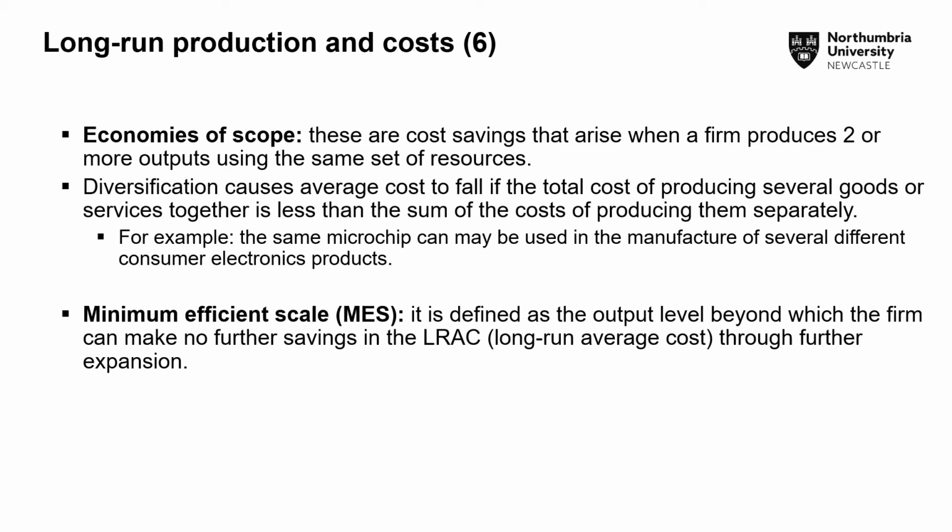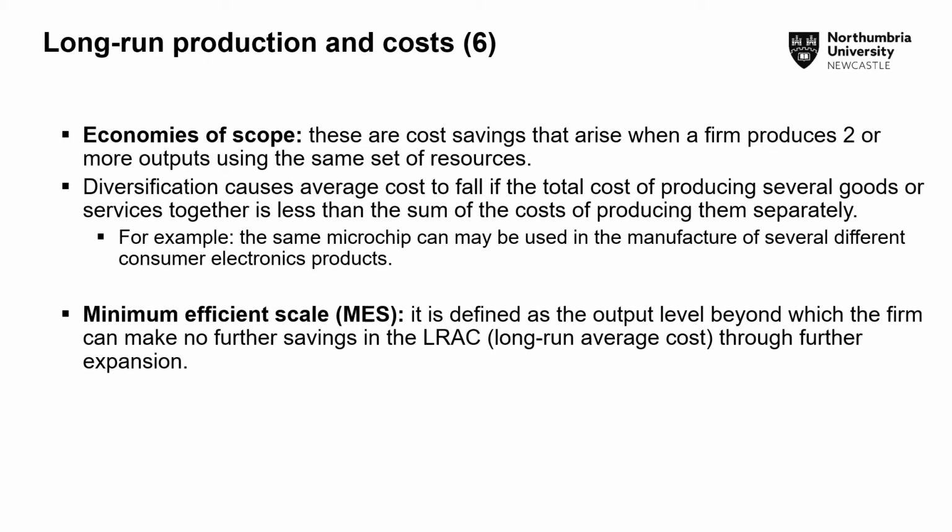You can put a microchip into cell phones, and you can use the same microchip in tablets. What happens in this instance is that the diversified use of these resources causes average cost to fall if the total cost of producing several goods or services together is less than the sum of the costs of producing them separately. Which would indeed be the case.